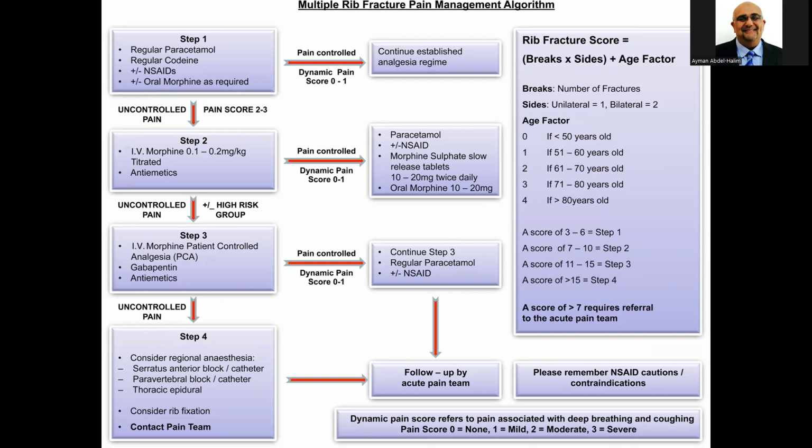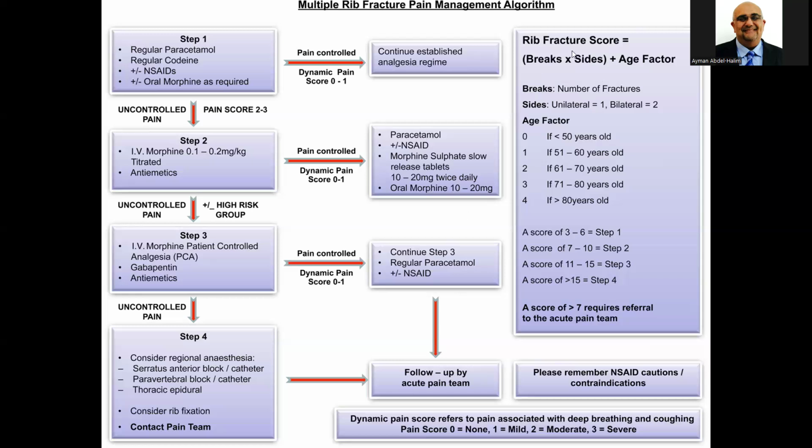And then step 4, complex regional anesthesia. You can do blocks like the serratus anterior block. We're going to talk about it. Paravertebral block, thoracic epidural. Consider rib fixation, and contact the pain team.